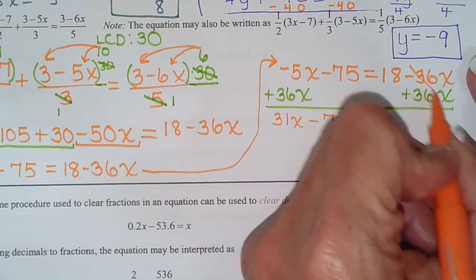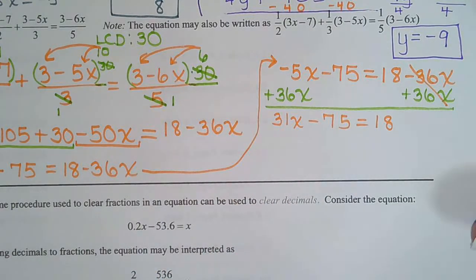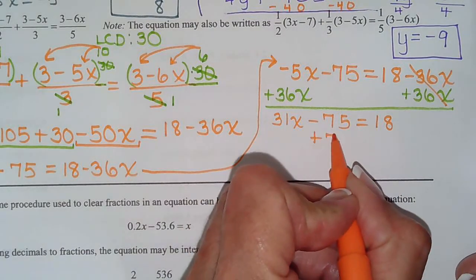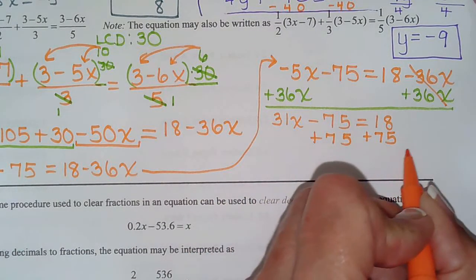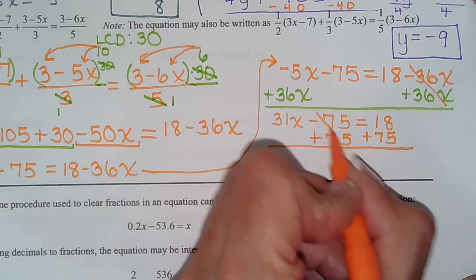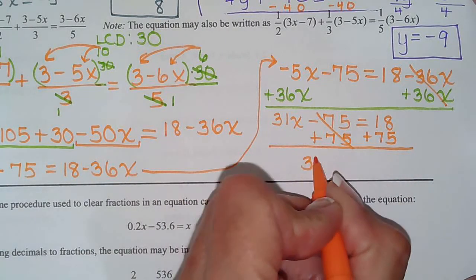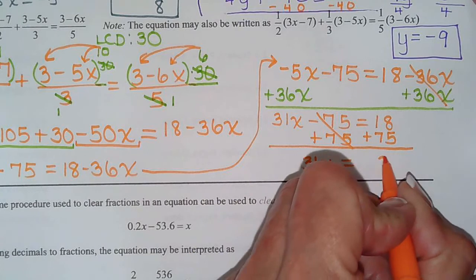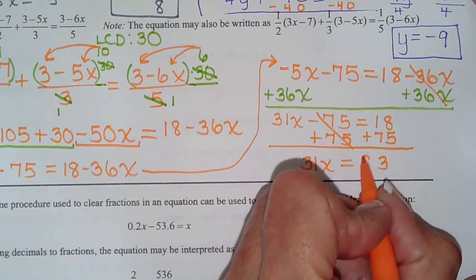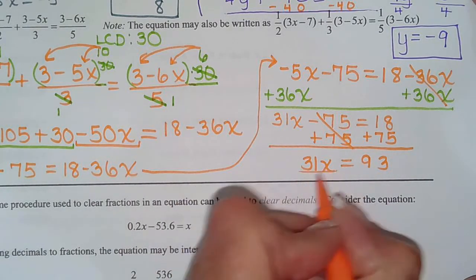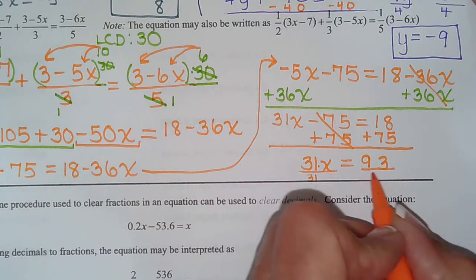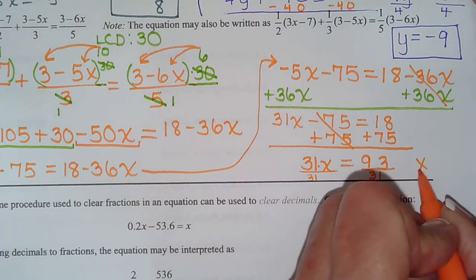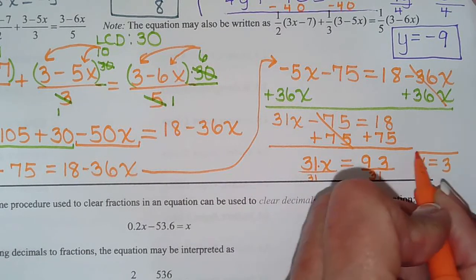And 36 minus 36 is gone. Then we add 75, add 75. So that would be 31x equals 93. So divide both sides by 31 because that's the opposite of multiplying by 31. And we just get 3.